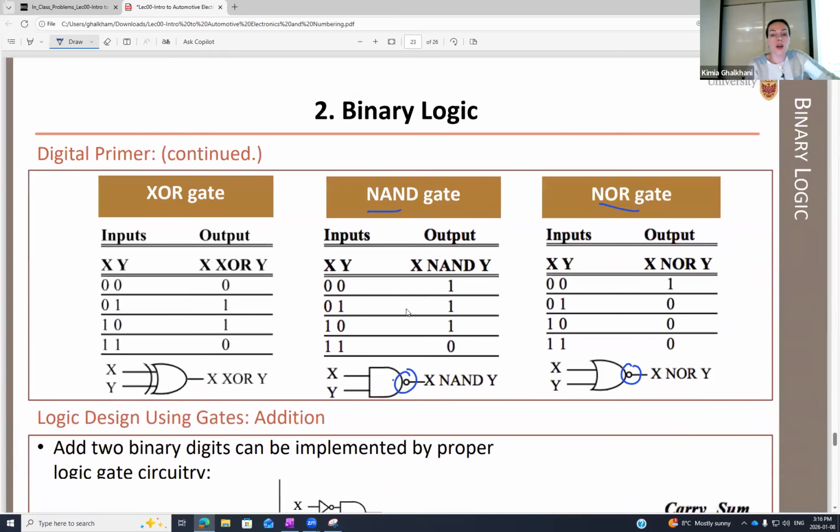So for example, if I have 0 and 0, 0 AND 0 is 0, but 0 NAND 0 is 1. It's opposite. Make sense? And so on. XOR. 0 XOR 0 is 0. 0 XOR 1 is 1. And so on.